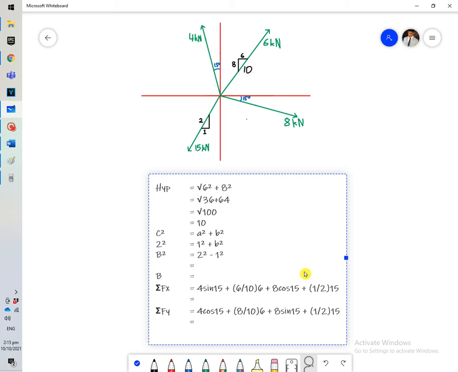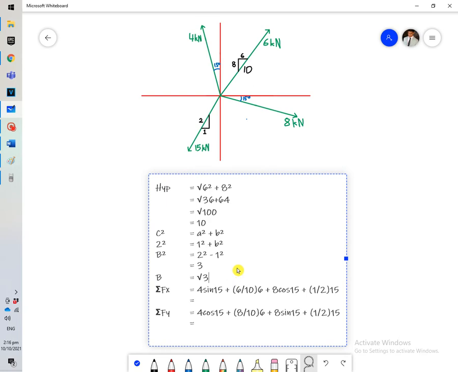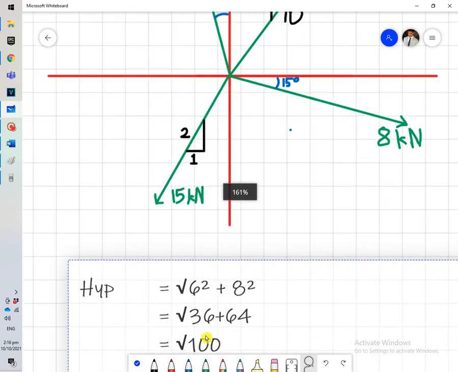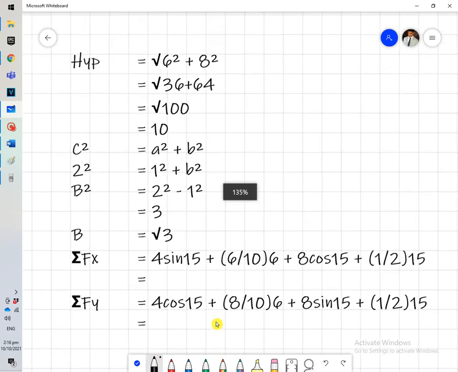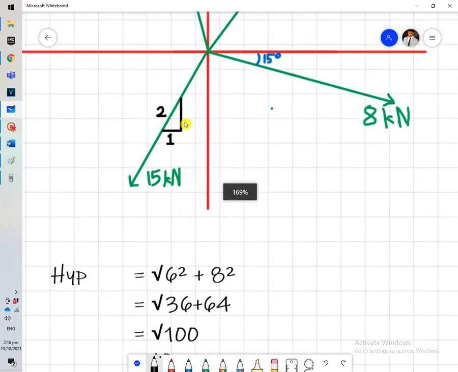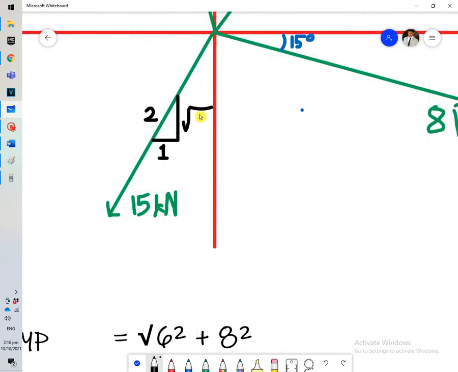So, 2 squared minus 1 squared is 4 minus 1, which is 3. So, dahil b squared is equal to 3, pwede natin square root both sides para makuha yung value ng b. So, b is equal to square root of 3. So, pwede natin yung isulat, square root of 3.